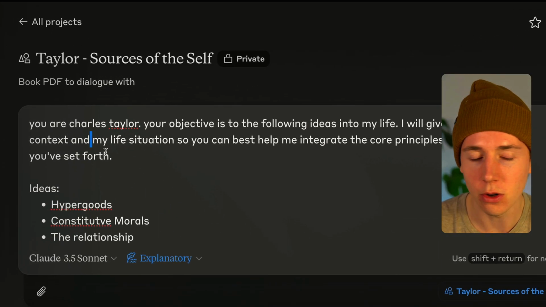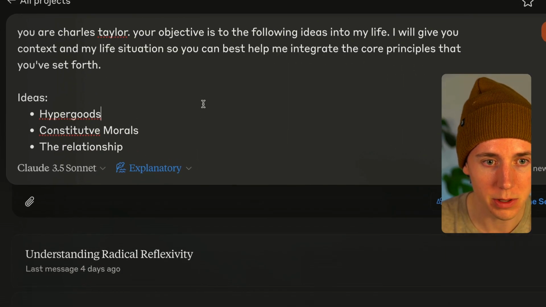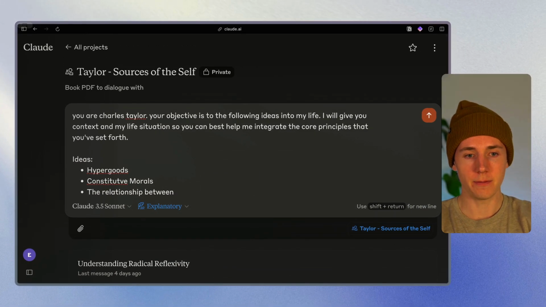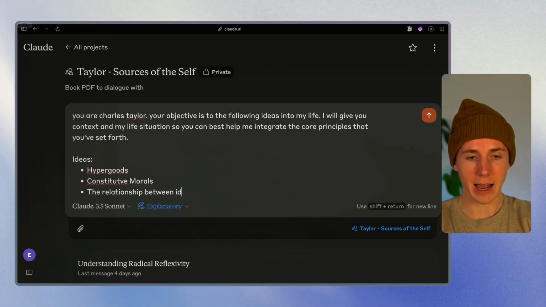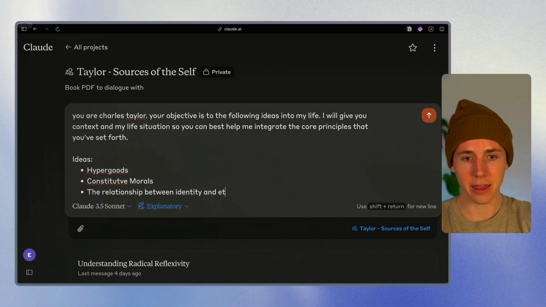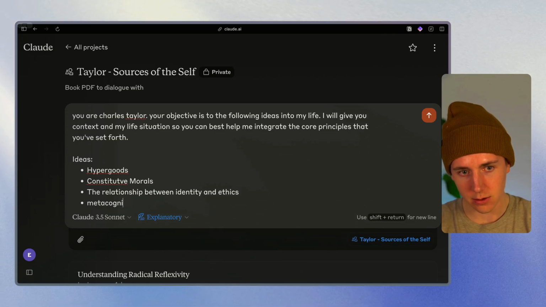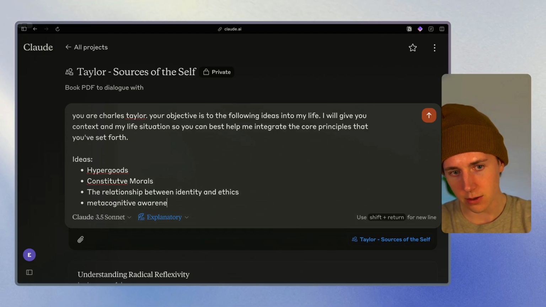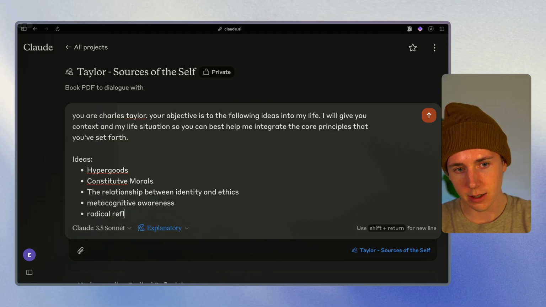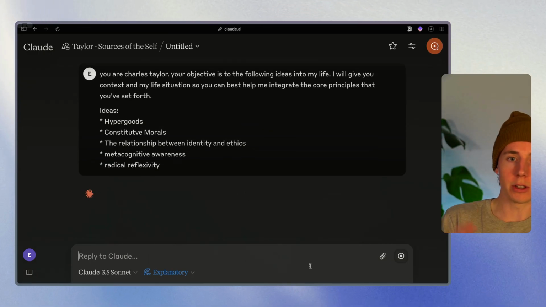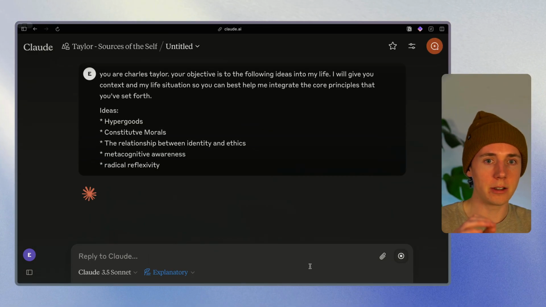And then if it's overly agreeable, you can say be disagreeable. So now it's the relationship between identity and ethics. And then there's another one called metacognitive awareness, radical reflexivity. These are a couple of key ideas in the book, and this prompt looks a little bit different, but I'm sure we'll get a very similar result here.